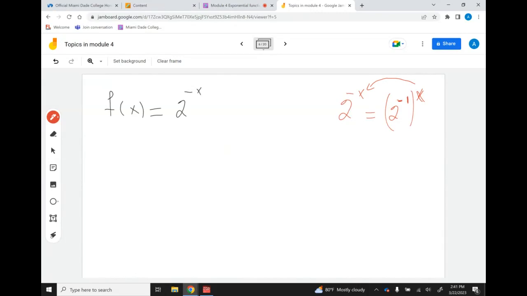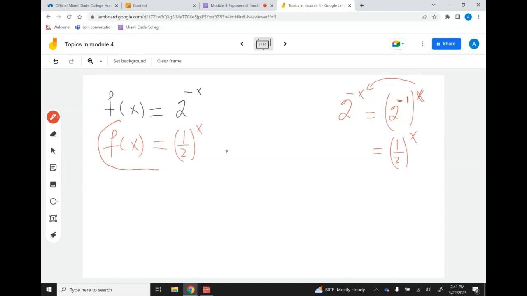That's perfectly legal. Now, inside the parentheses, I have 2 to the -1. Well, 2 to the -1 is actually 1/2, to the x. So basically, guys, this is nothing more than 1/2 to the x.